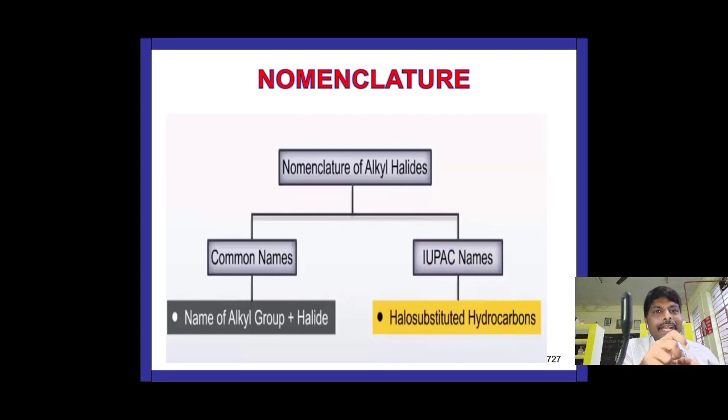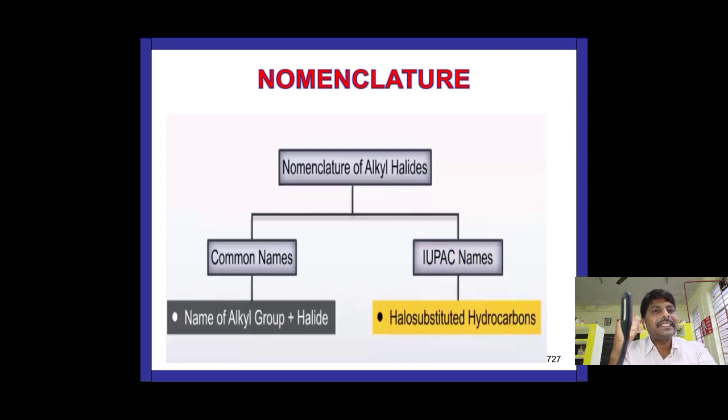But in IUPAC names, the hydrocarbon name, like methane, ethane, propane, cyclohexane, cyclopentane, will come, and before this hydrocarbon name the halogen name will come. Before the root word, what is it called? Yes, prefix.